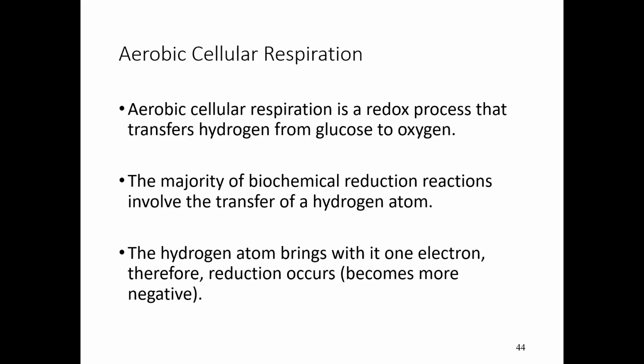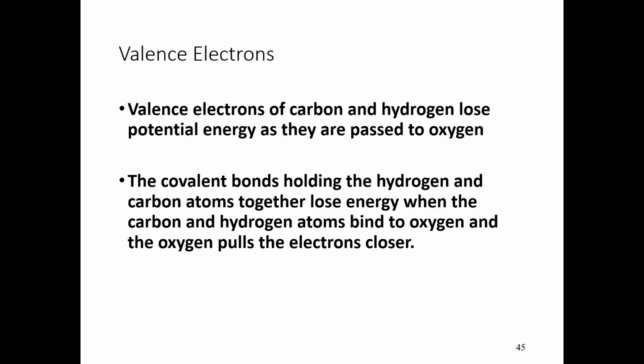We're going to be transferring hydrogen atoms along the way to get there. And when a hydrogen atom moves, it drags its electron with it. Or when an electron moves, it drags its hydrogen with it. Every time you release an electron, you're going to release a hydrogen too, and they're going to travel together. And the end result is to get the electrons and the hydrogens to oxygen. We want to do it at a little more controlled pace.